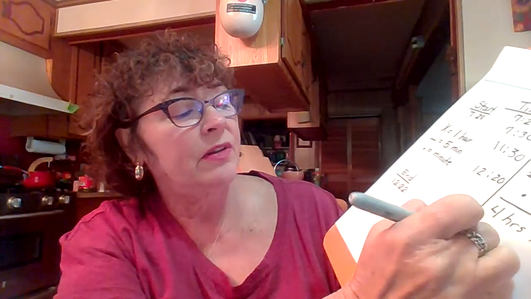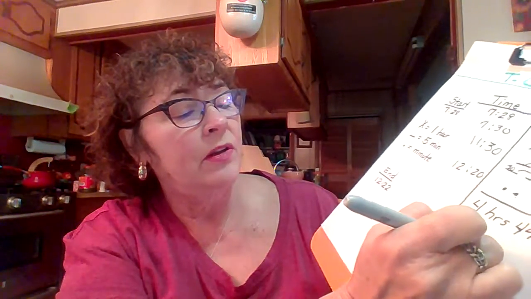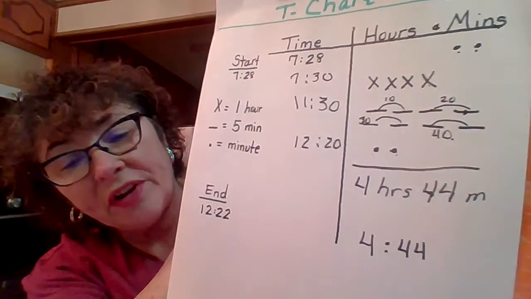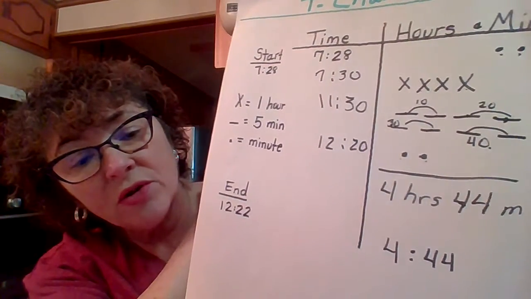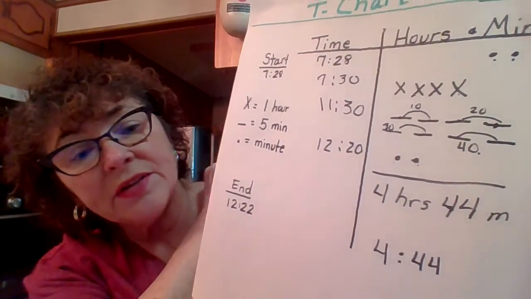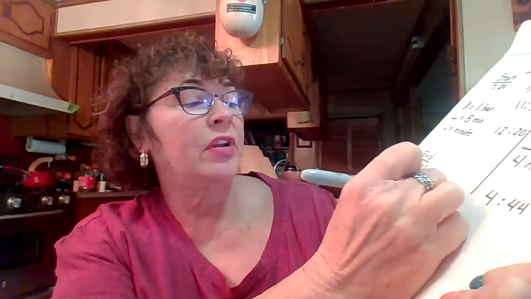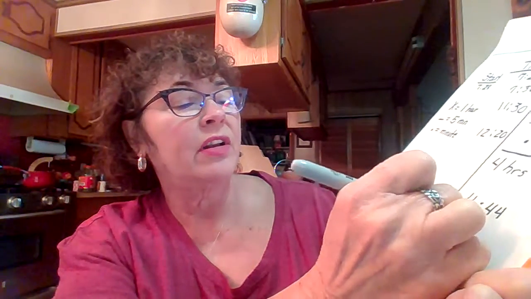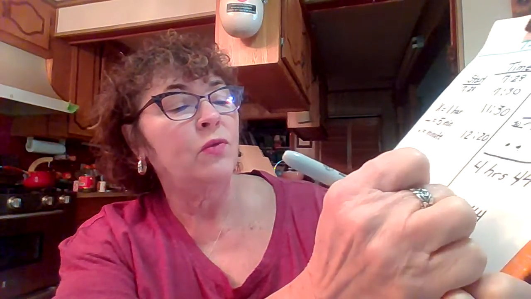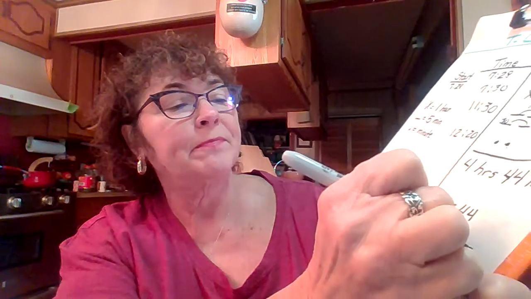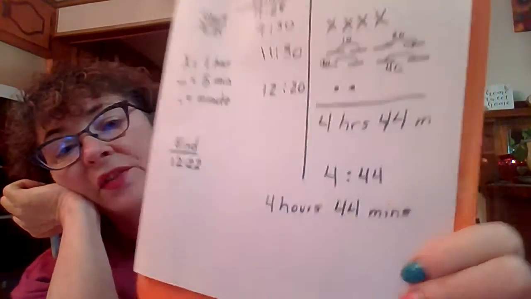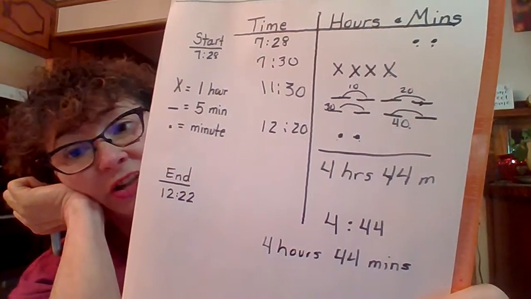You could have written this 4:44, which means 4 hours and 44 minutes, or you could have written it 4 hours and 44 minutes. Okay, so that is the second T-chart.